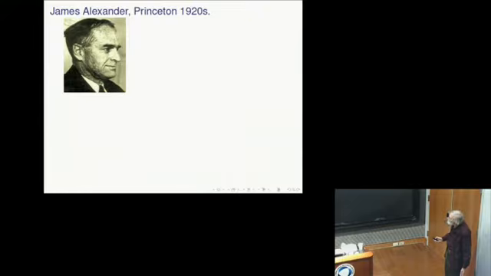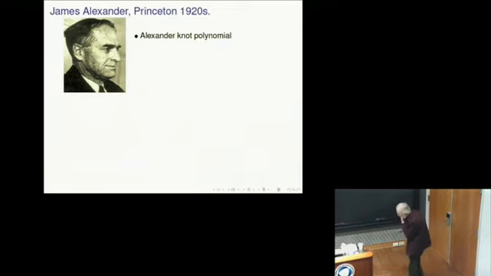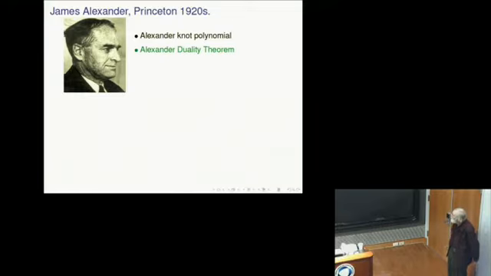Okay, the next person I want to talk about is James Alexander. He, first of all, invented the Alexander knot polynomial. People had been studying knots for at least 50 years, but this was the first time they had a real invariant which could distinguish different knots. And he proved the Alexander duality theorem, which was a far-reaching generalization of the Jordan curve theorem.